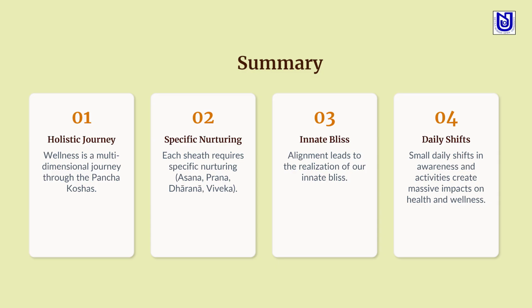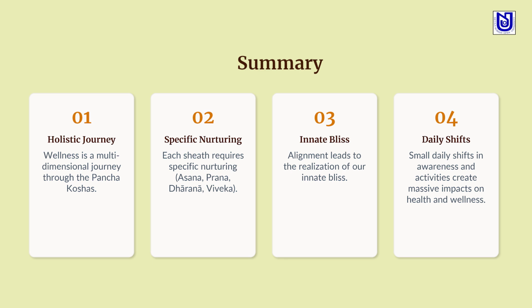Finally, this holistic health model can be concluded by summarizing the wellness journey through a multidimensional journey of the Panchakoshas into practical application and nurturing, where each sheath, layer or kosha requires specific nurturing such as asana, prana, dharana, viveka, and santosha.